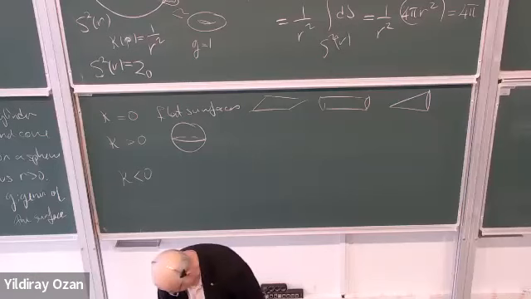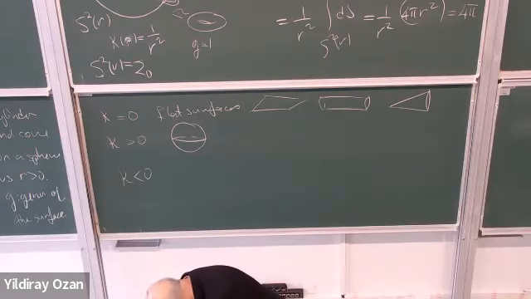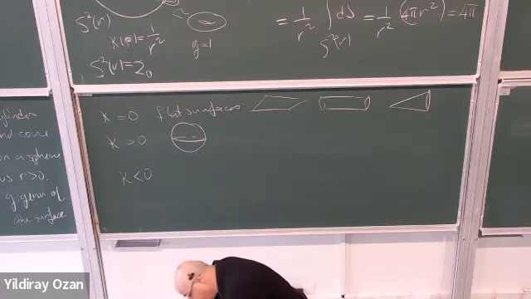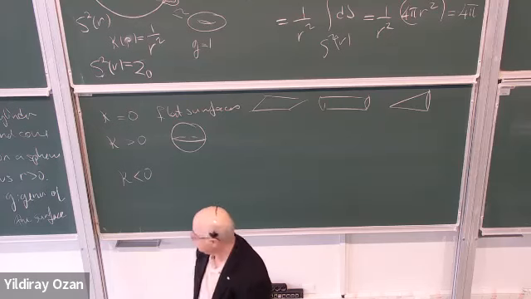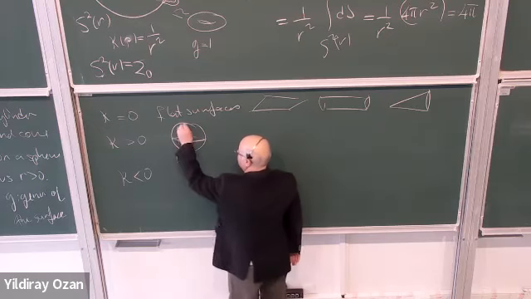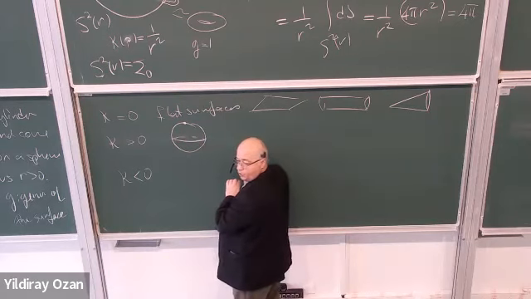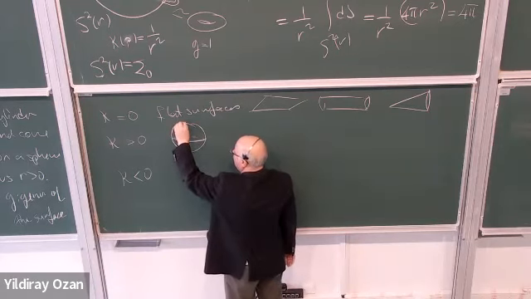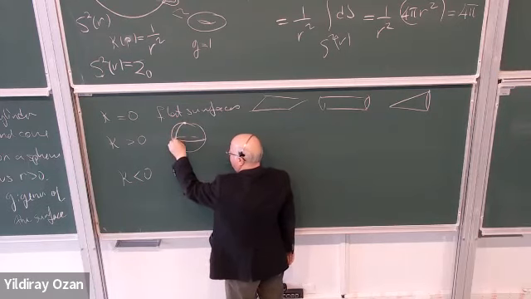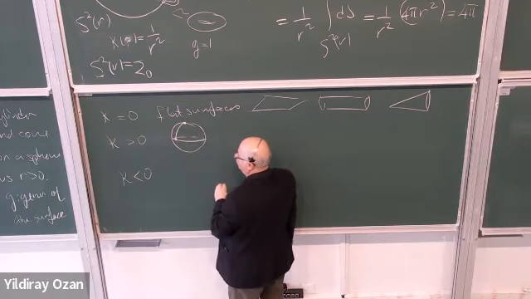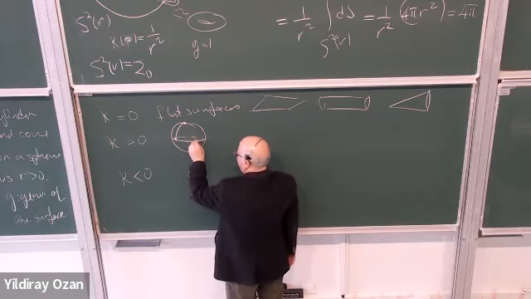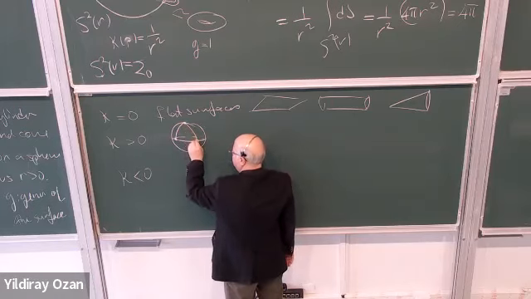Let me check if I have color chalk. I don't, but suppose you have this triangle. One corner is at the pole, another corner is a point on the equator, and another point is also on the equator.